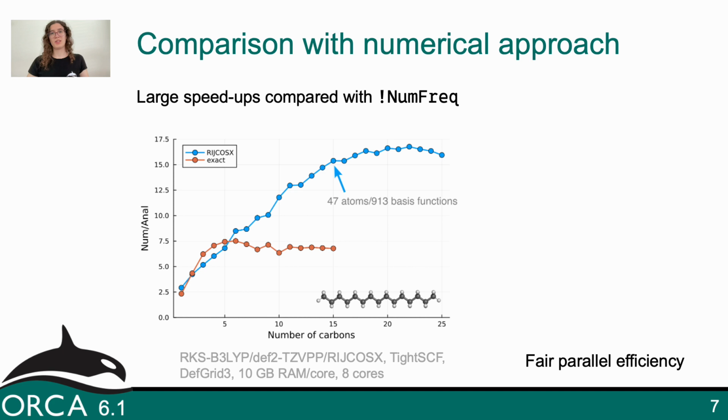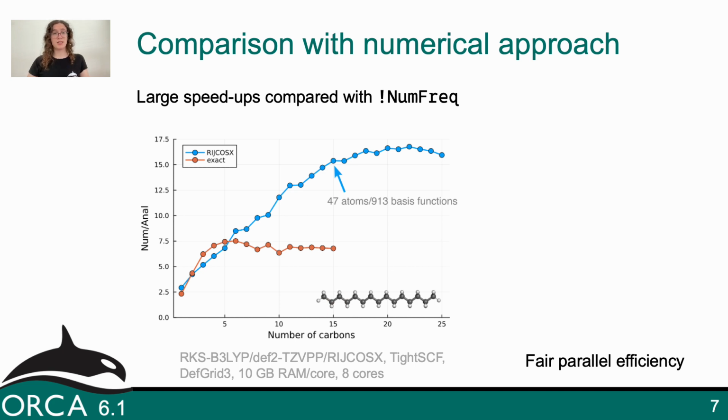And now it's time to look at how the method is performing compared with what was there previously. So for the numerical approach, obviously any speedup that you get is some kind of function of system size, grid size, basis set size, and everything. So I've just taken some slice through this many-dimensional space and again done this scan with the length of the alkane chain.